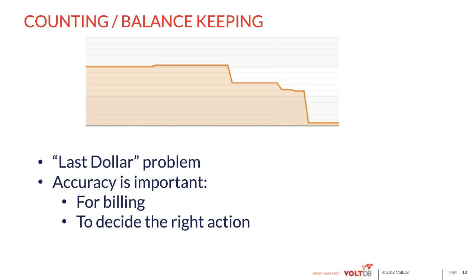The accuracy is important in this case because being inaccurate has cost several hundreds of thousands of dollars for our customers over a period of time, and they wanted to not lose that money by presenting impressions that do not need to be presented anymore because that particular campaign has already run out of money.